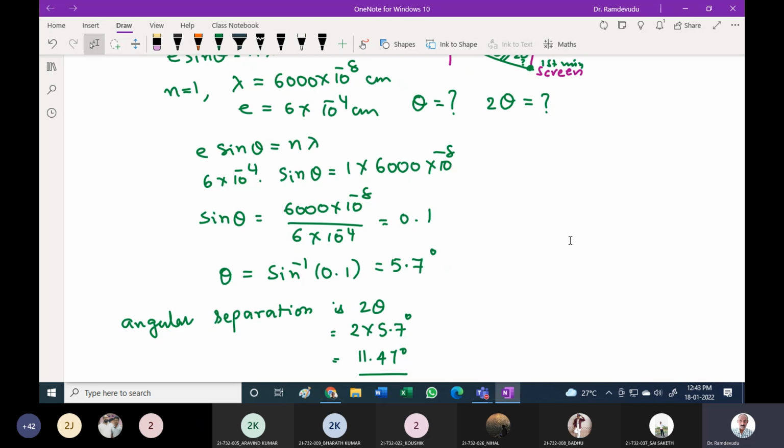Have you done this? Completed this? If you have done, we will go to the next problem, on diffraction.